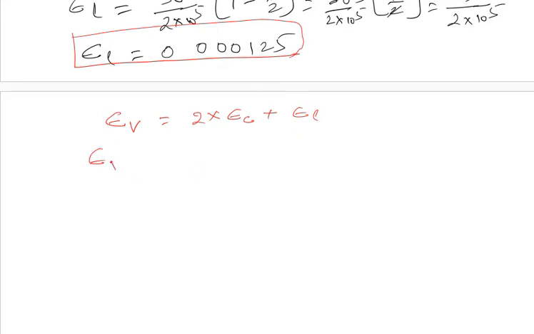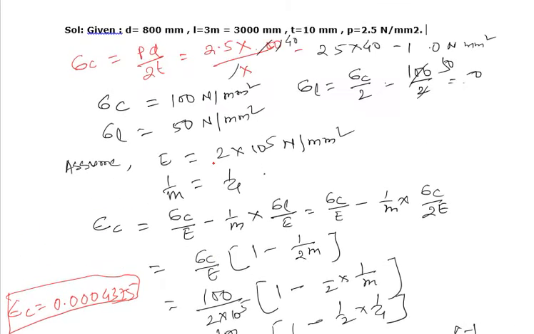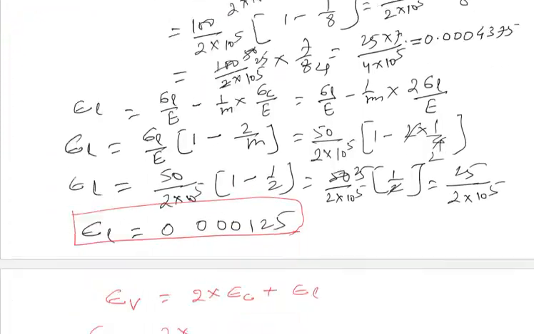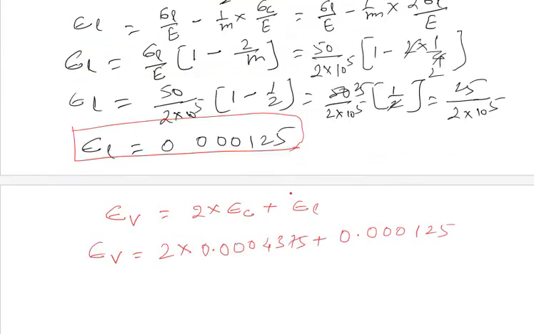Now epsilon V, volumetric strain, is equal to 2 into the value of epsilon C, that is 0.0004375, plus 0.000125. These are the values of longitudinal strain and circumferential strain.